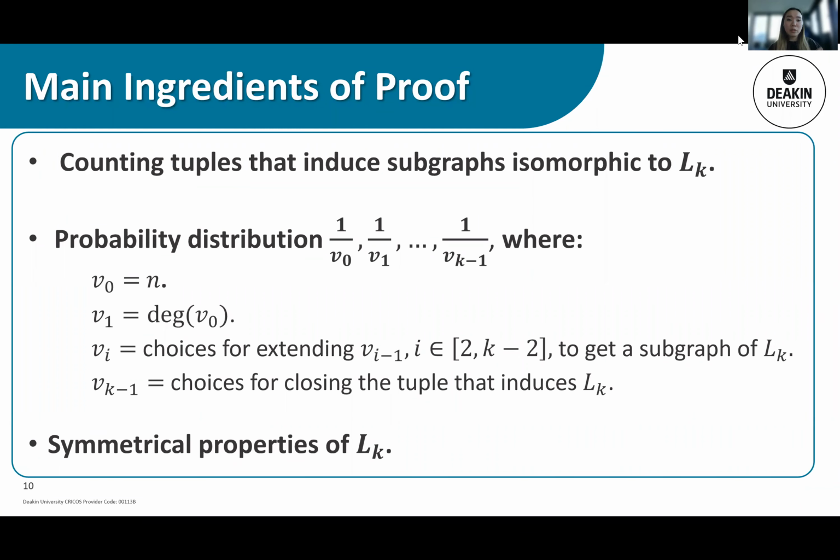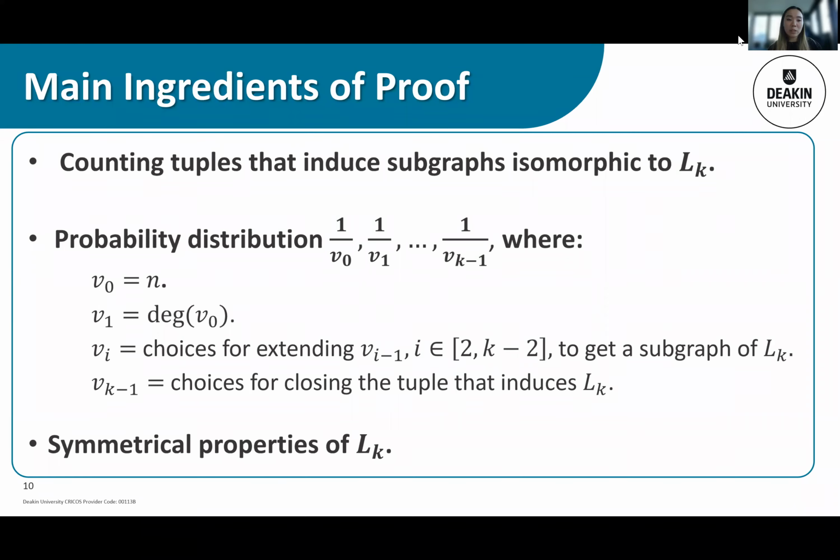The process of building this set of k-tuples is conditional. So we pick the first vertex, and then the second vertex is conditional to what we've picked previously. If we have a tuple that is shorter than length k, we call it a good prefix if and only if it has potential to give us a good tuple.